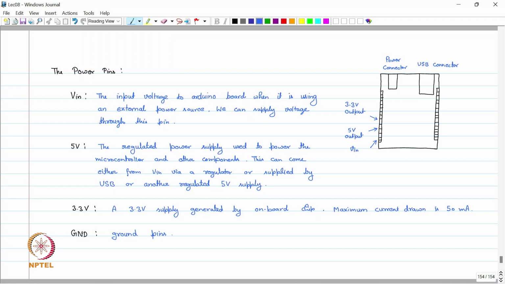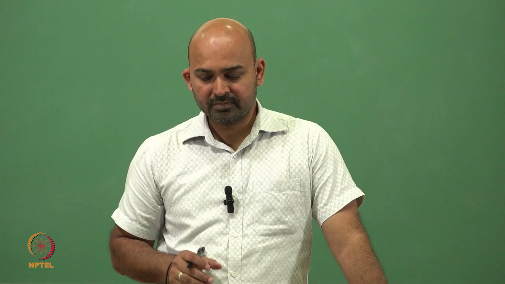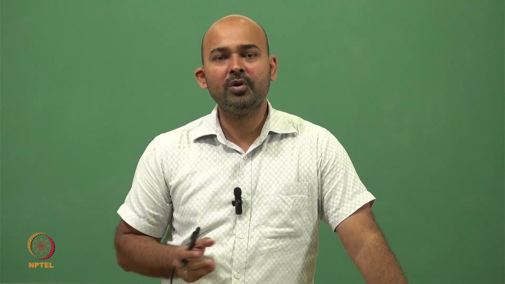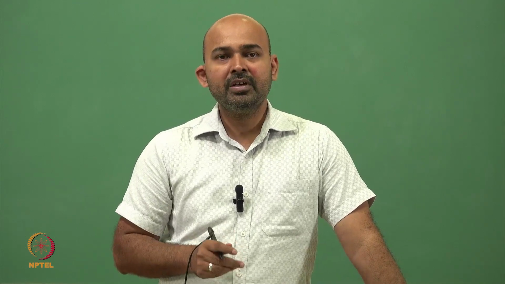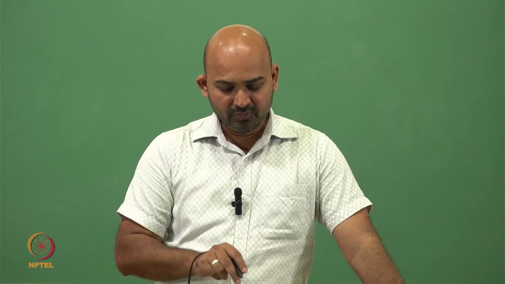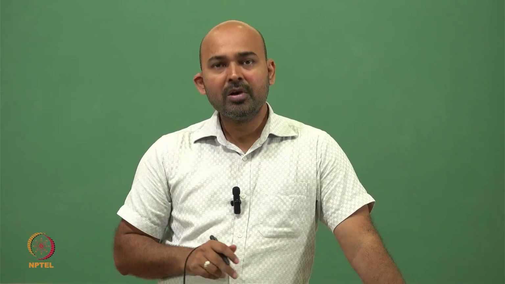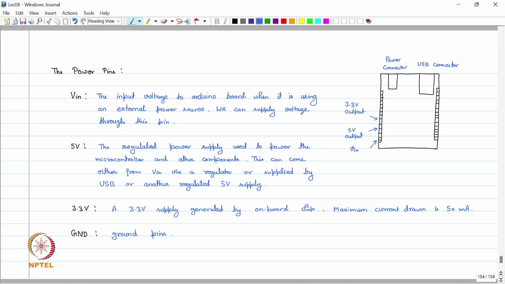So these are some details about the Arduino hardware, where we have multiple pins and the Arduino as a microcontroller works at 5-volt supplies, though it has a regulator on chip which can convert 5-volt to 3.3-volt, and this 3.3-volt supply is available on board and can be used to interface some of the sensors.